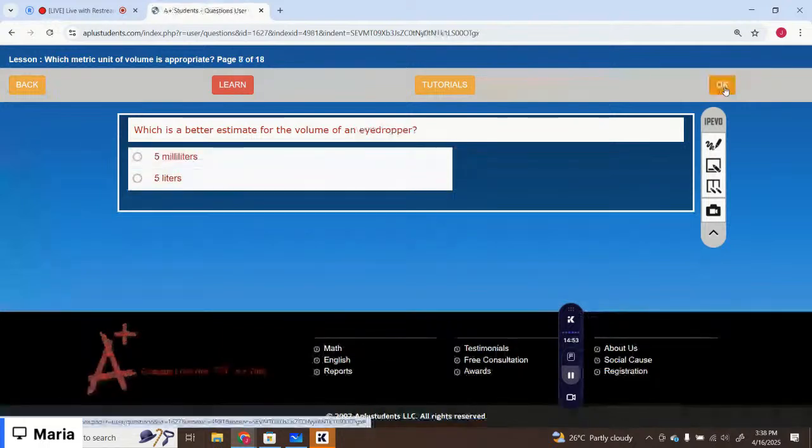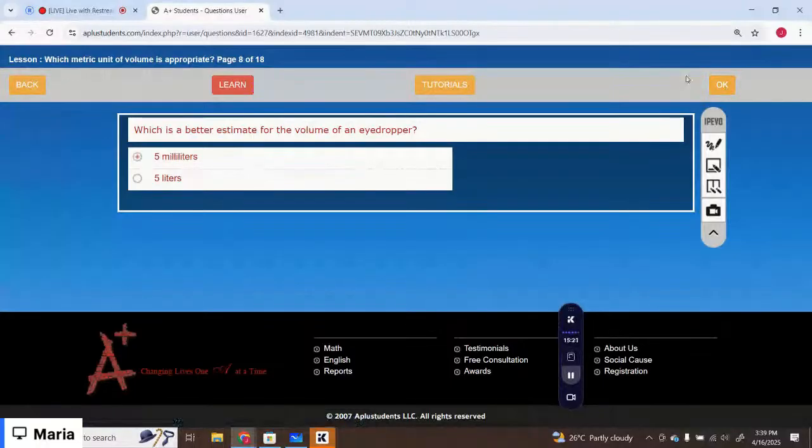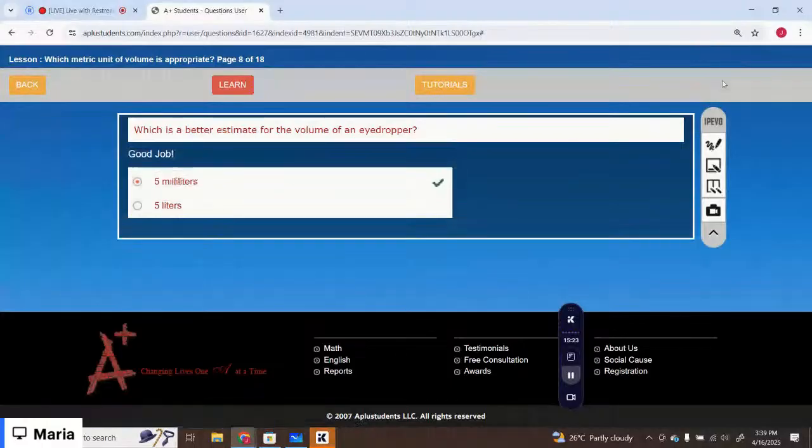Which is a better estimate for a dropper? That is 5 milliliters. Option number 1 is the correct option.